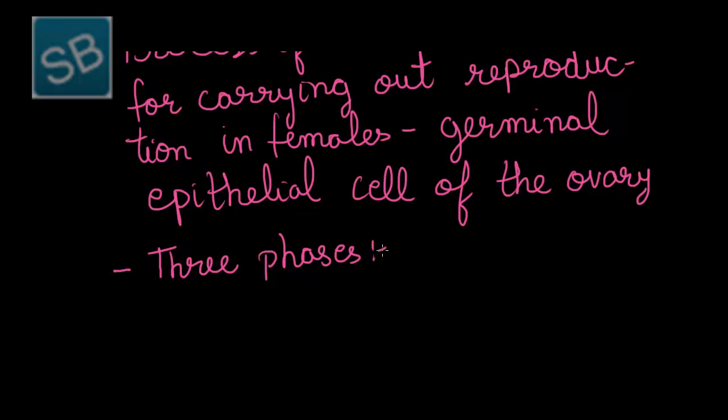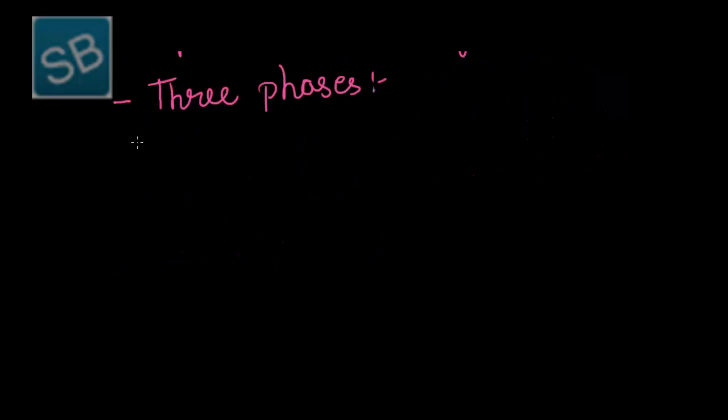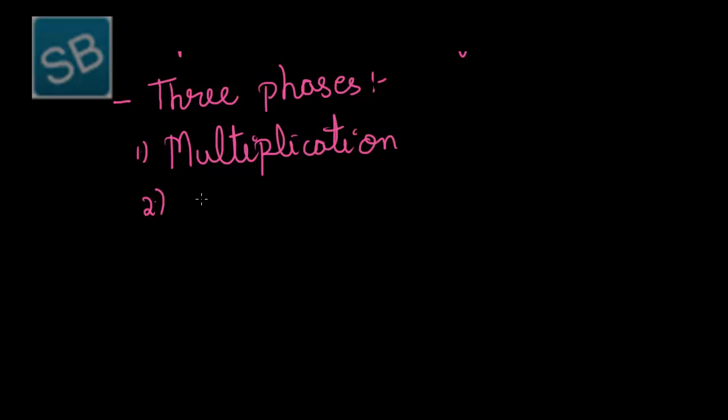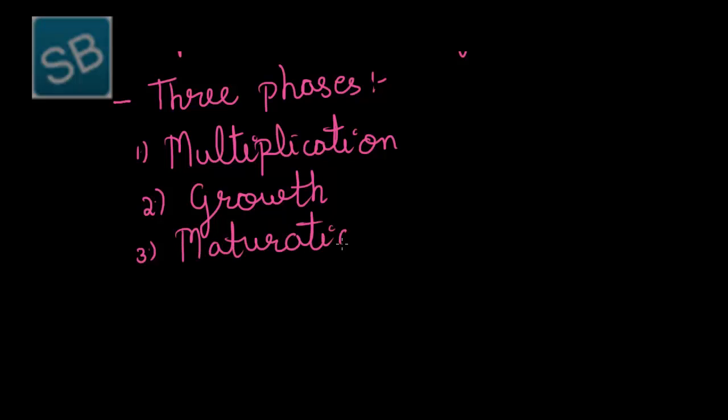That is, this process gets completed within three phases, namely multiplication phase, growth phase, and third, maturation phase. Let us begin our study with the first, that is, multiplication phase.